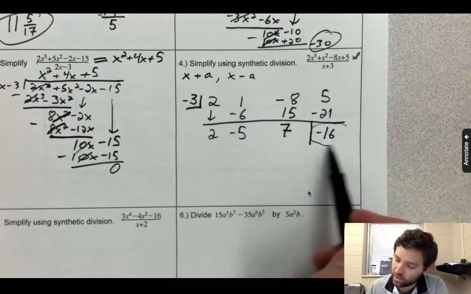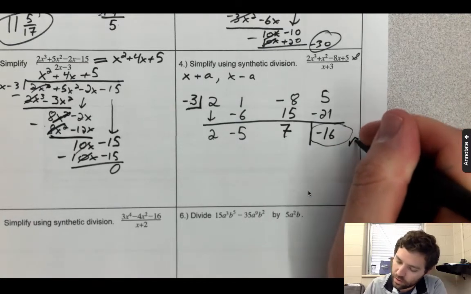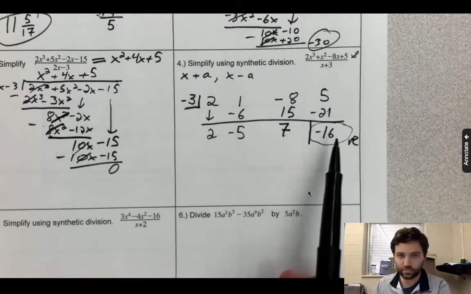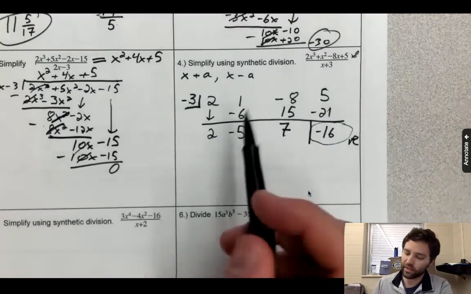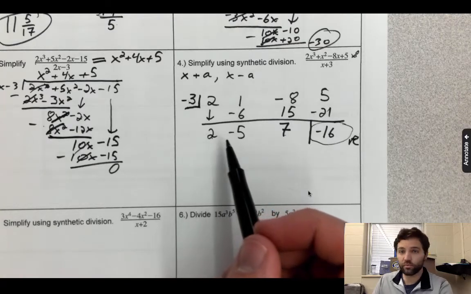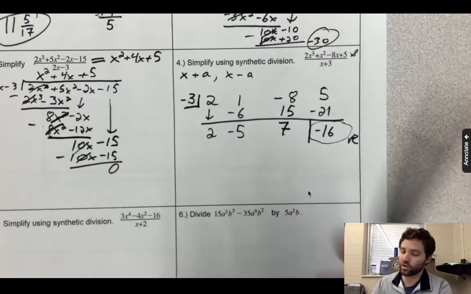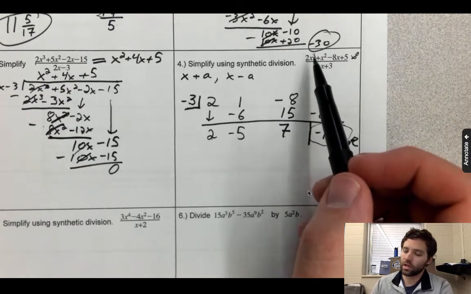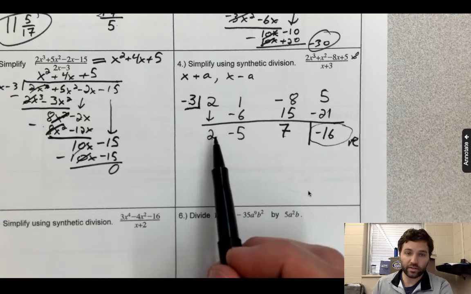Then you're going to write out your answer. This right here is your remainder. Imagine that was a good R. So that's your remainder right there. And then your final answer is going to be decreased by 1 degree from whatever you started off with. So if you started off dividing into a cubic, a third power, then your answer is going to be a quadratic. It's going to be to the second power.